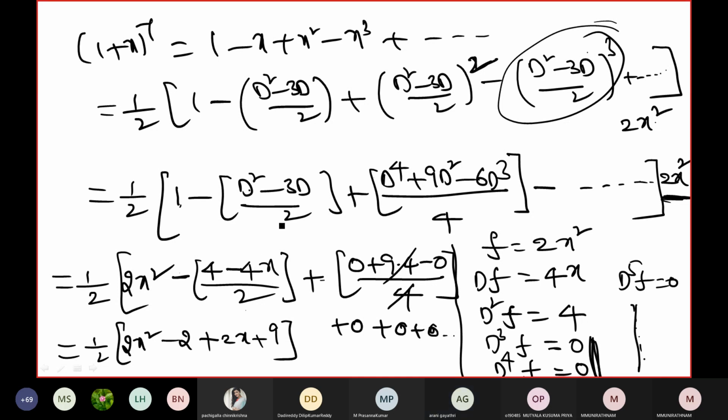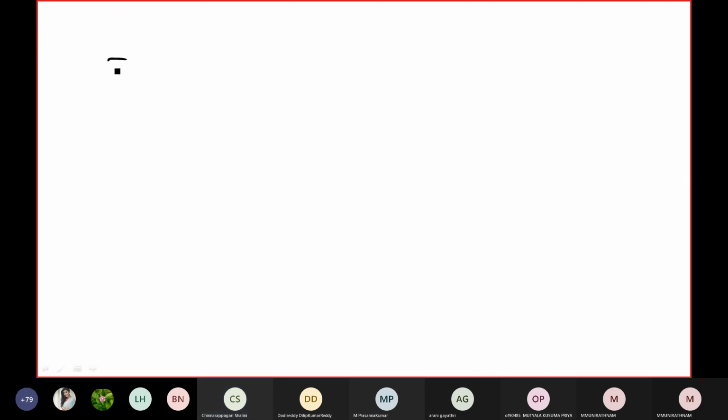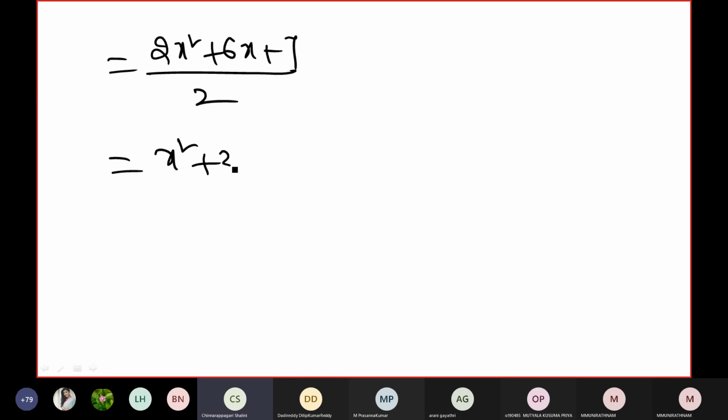Oh, sorry, I forgot the 3? Yes, correct. 12 gives 6, right? So what remains is 2x square plus 6x plus 7 by 2. This will be x square plus 3x plus 7 by 2. So that is my PI.